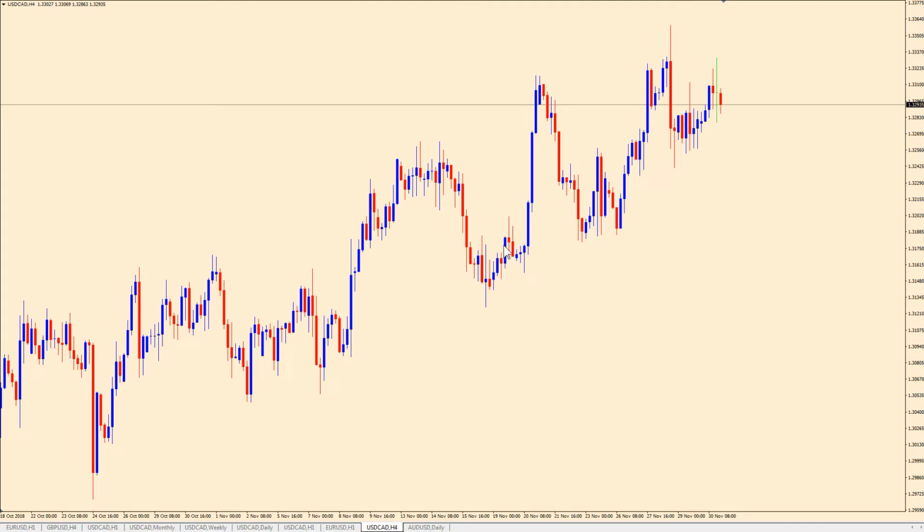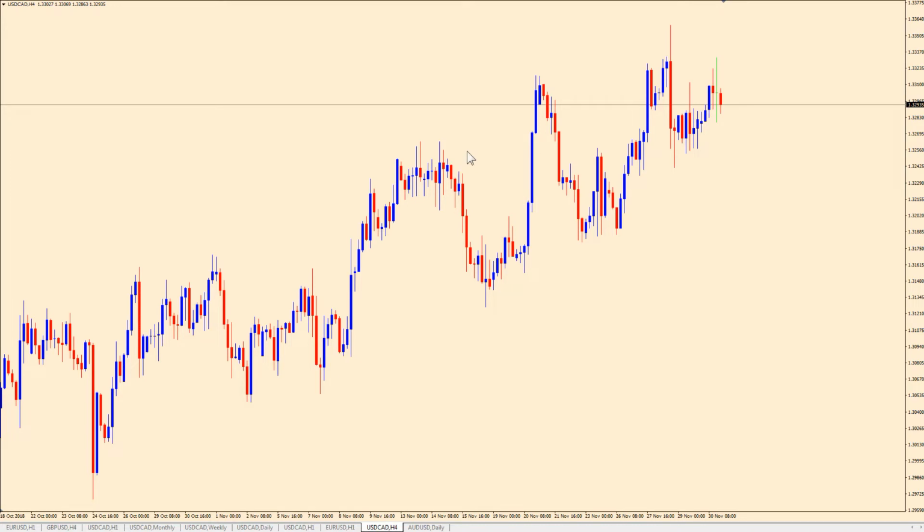We have a tiny top right there, and then we have an increase in momentum which closes above this top. So we have an increase in momentum at the beginning of the trend, which indicates higher, and we have a close above this previous top, which indicates higher. But this is a very minor top, so that's a very weak signal.